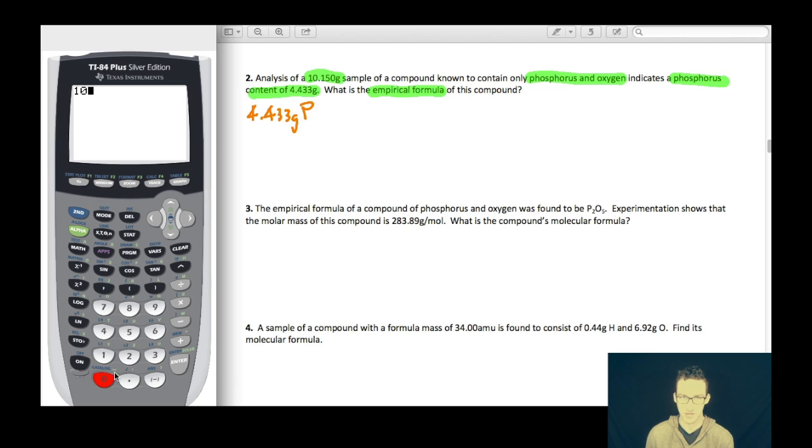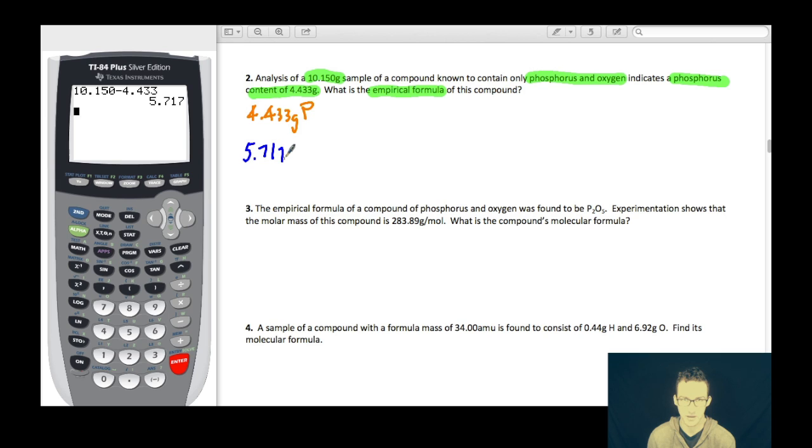Therefore, let me bust out my calculator. 10.150 minus 4.433. That means that the rest of this thing must be made up of 5.717 grams of oxygen.